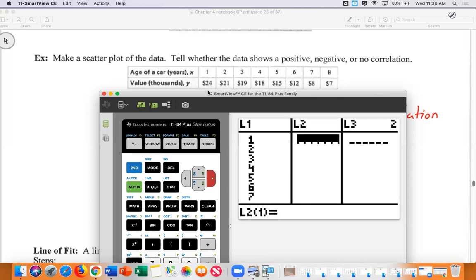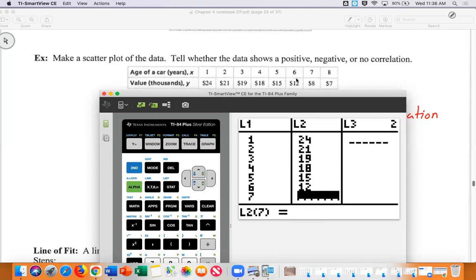All right, L2. We're going to put in 24, enter, 21, enter, 19, enter, 18, enter, 15, enter, 12, enter.